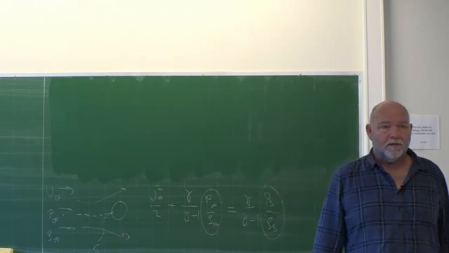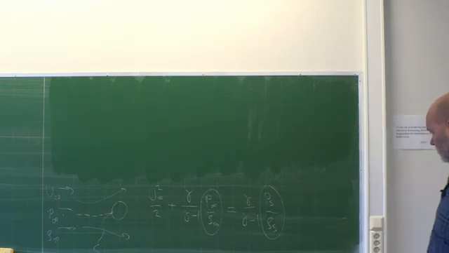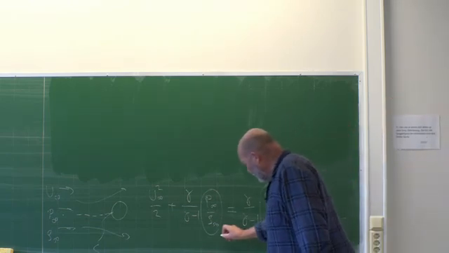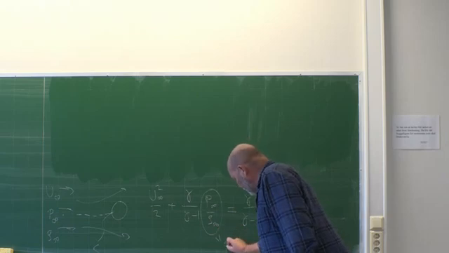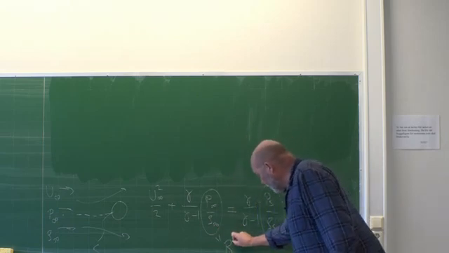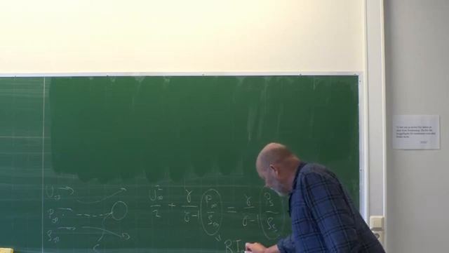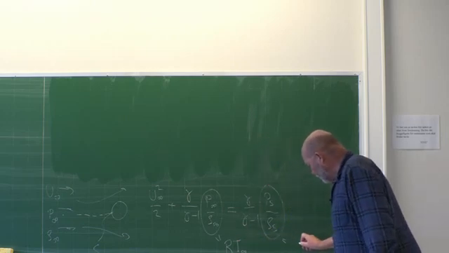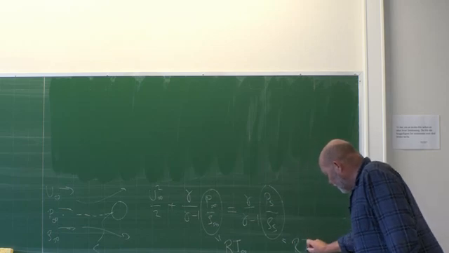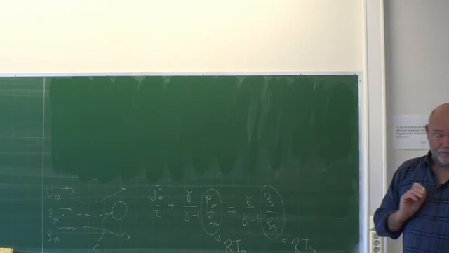Pressure divided by the density. Ideal gas law says this one is equal to the gas constant R multiplied with the temperature given at infinity, while this one will then be R and then the temperature in the stagnation point.